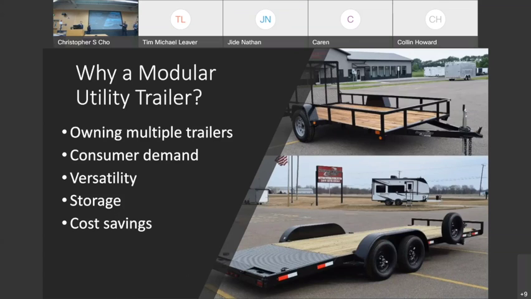They may own a smaller utility trailer to haul their quads, as well as a full flatbed trailer that they can drag an entire vehicle with. So we decided there could be consumer demand for a trailer with the versatility to act in both areas. This kind of versatile trailer could help customers save on storage and costs while being able to utilize the different modular capabilities of our design.